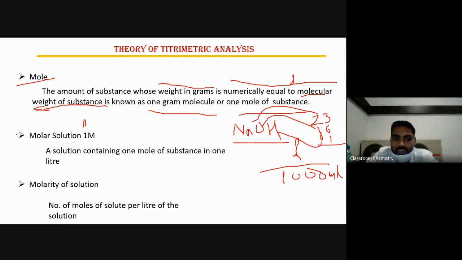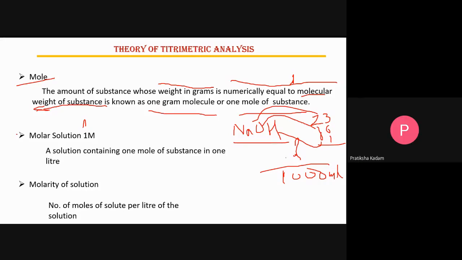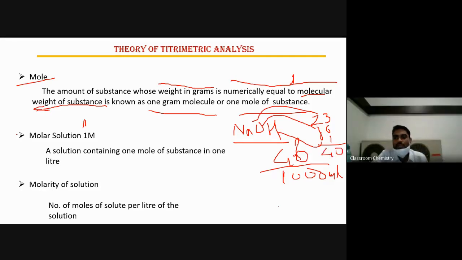If we want to prepare a 1 molar solution of NaOH, then we must dissolve 40 grams of NaOH in 1000 ml of water or suitable solvent, then it forms a 1 molar solution of NaOH.